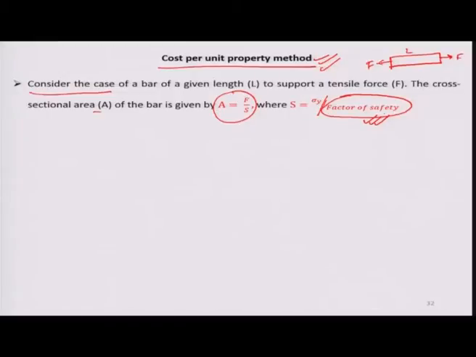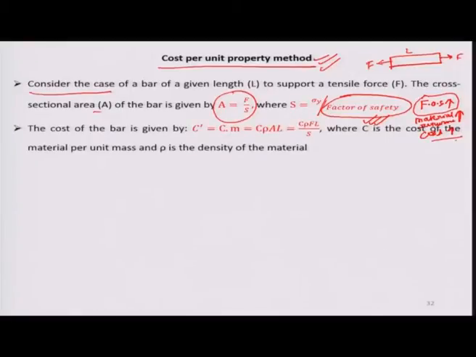An increase in the factor of safety will increase the material requirement, the amount of metal required, and the cost. So you will have to select the factor of safety very intelligently for your particular product which is to be used in a certain operation.